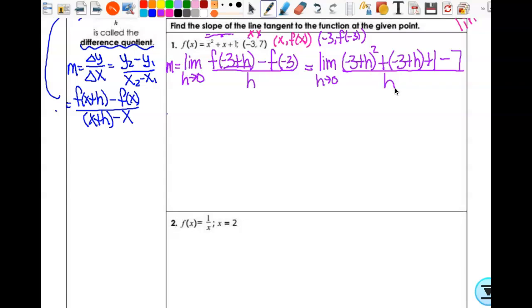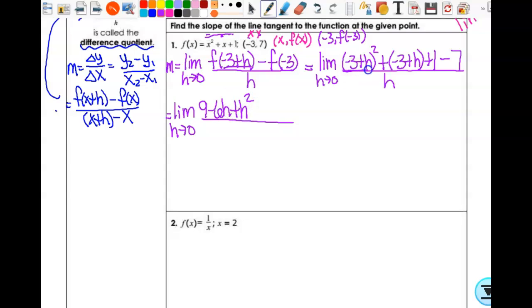All right, so then again, I have equals the limit as h approaches 0. And I have to simplify all this because if I just substitute in 0 right now, I have 0 in the denominator, right? That's a bad thing. So in the numerator, I need to square all that out. And when I square that negative 3 plus h, I do not just square the negative 3 and square the h because algebra. I square that binomial and I get 9 minus 6h plus h squared.